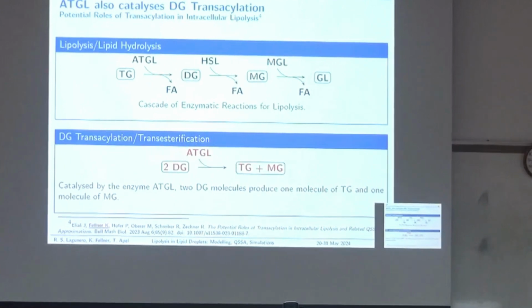And it is impossible to distinguish the two. So as soon as you produce the glycerides from hydrolysis, these glycerides can be used by transacylation to produce again triglycerides and MGs.